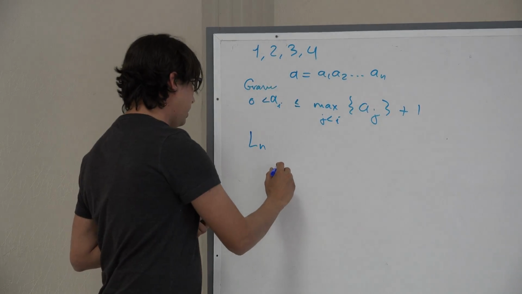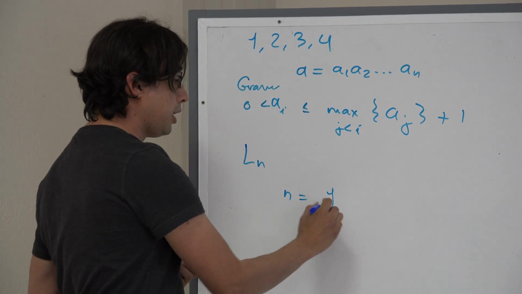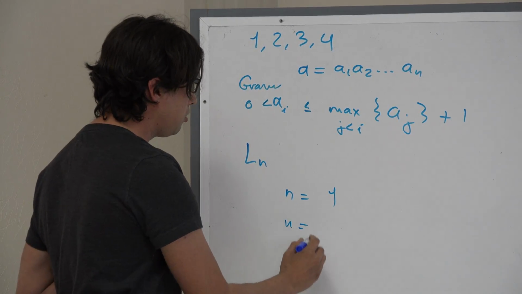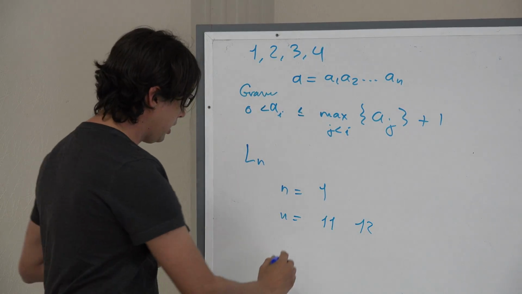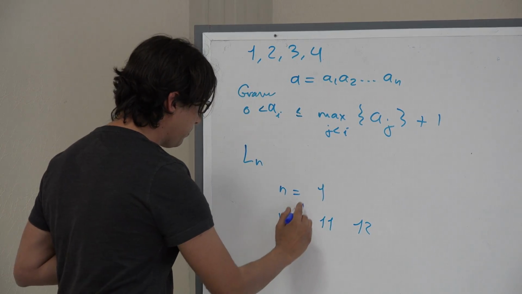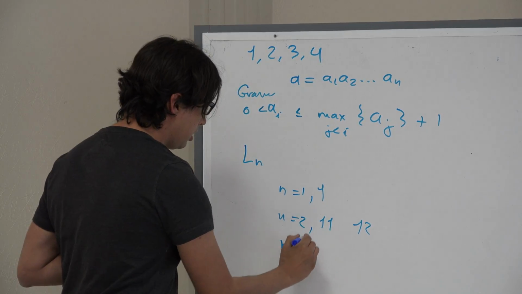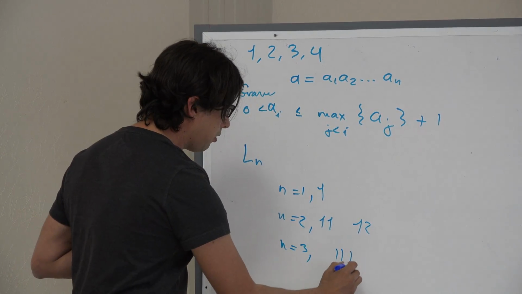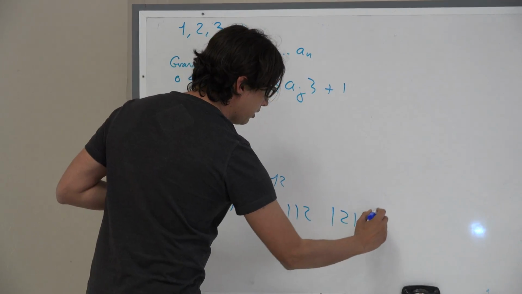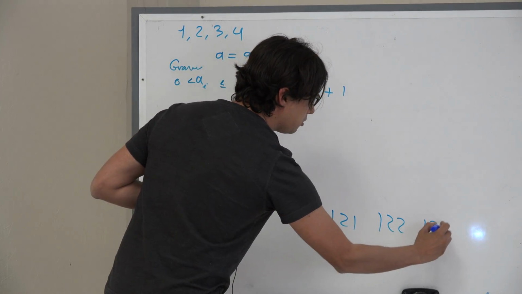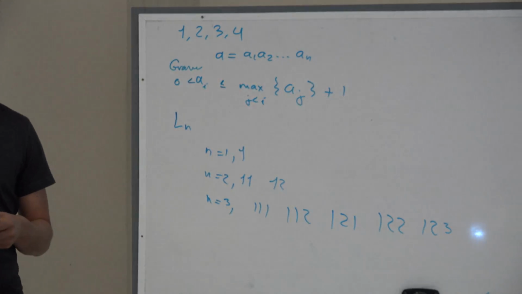If n equals 1, this has to be 1. If n equals 2, you have 11 and 12. If n equals 3, you have 111, 112, 121, 122, and 123. So you have 5.